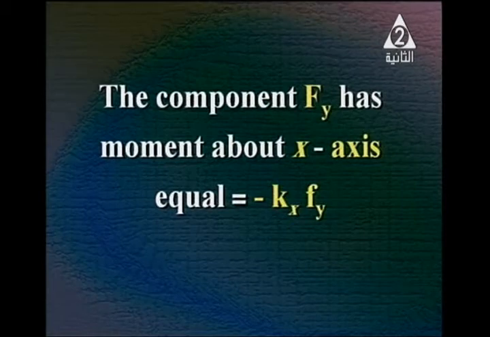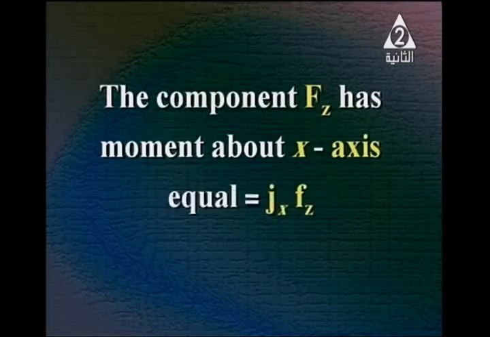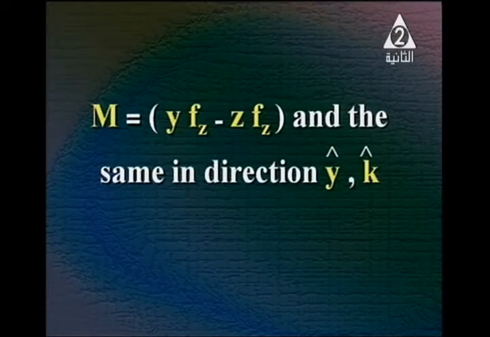Why negative? Because the sense is clockwise. The third component Fz has a moment about the x-axis equal to y Fz. Then the moment equals y Fz minus z Fy, and the same in the directions of j and k.